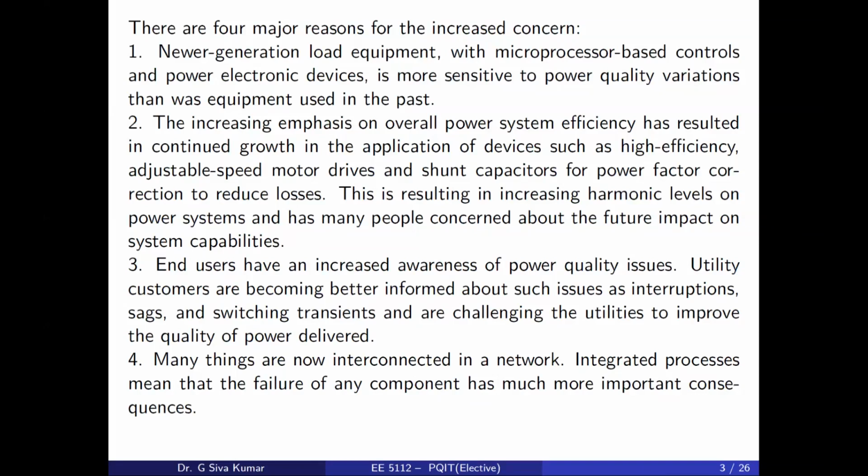In some of the metropolitan cities, private companies are coming out in delivering the power also. In that case, the industrial consumers are asking the utilities to improve the quality of the power delivered.